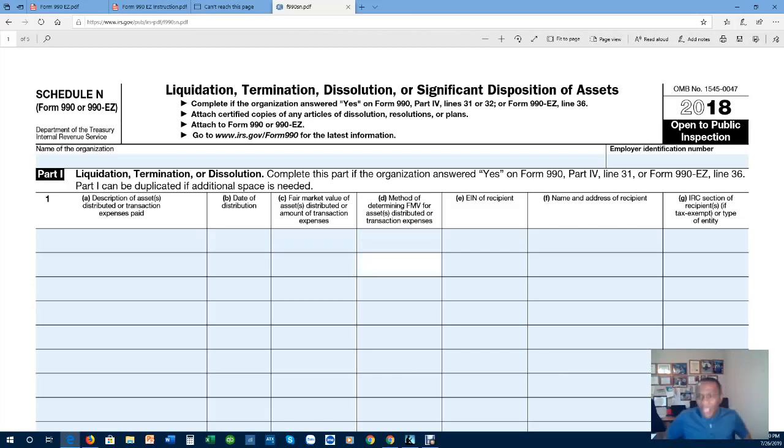What kind of method did you use to determine the fair market value for the asset distributed or transaction expense? The EIN of the recipient, the person to whom the asset was transferred, the name and address of the recipient, and the Internal Revenue Code section of the recipient if tax exempt, or type of entity, like 501(c)(3), private foundation, charitable organization, 990-PF organizations, and the like.